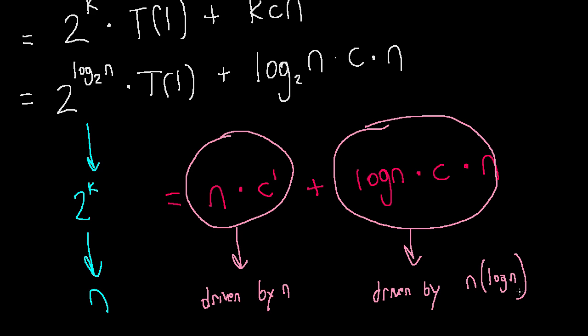Now, when you're thinking about the values of log n, the best way to think about it is it's going to be just a bit smaller than n. So think of it as a weaker n. So what's going to be bigger? n, or n multiplied by a value that's a little bit smaller than n? Well, n log n is going to be bigger. It's going to have a bigger impact on the rate of change.